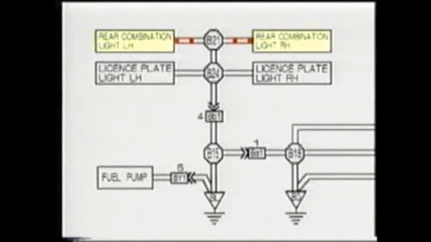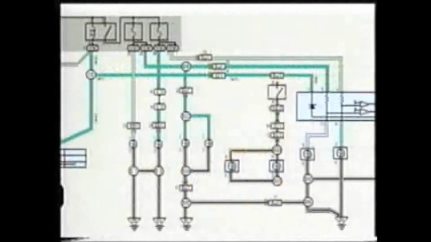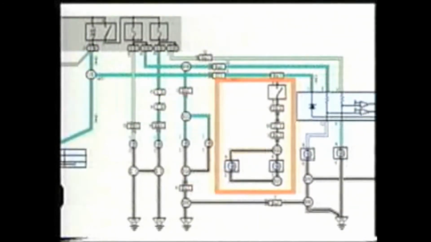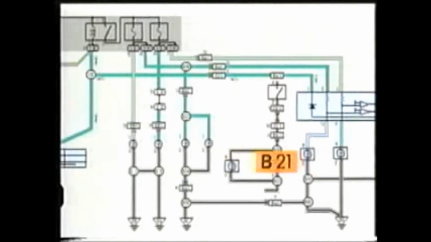If we look at the grounding, we see that it passes through B21, as well as B24 and BB1 to reach BL. The right and left license plate lights are also grounded via B24. In other words, the circuitry for both are actually as shown here.